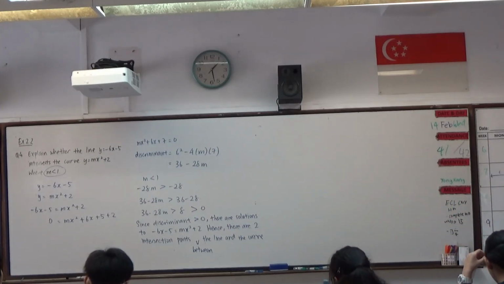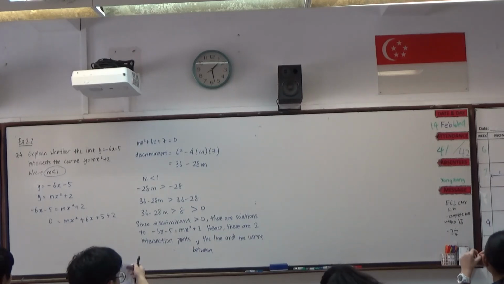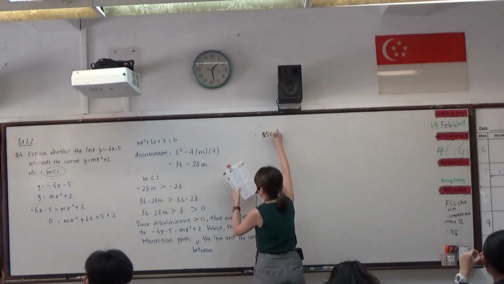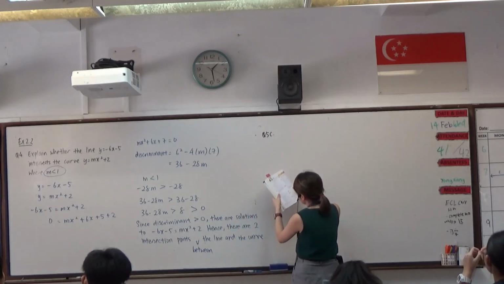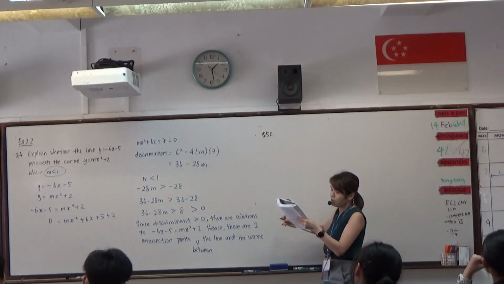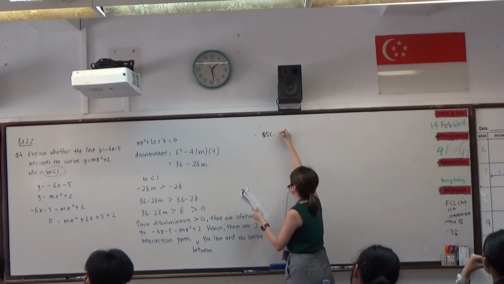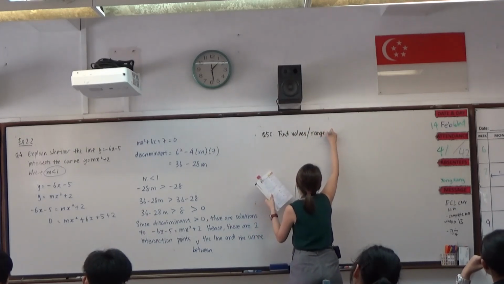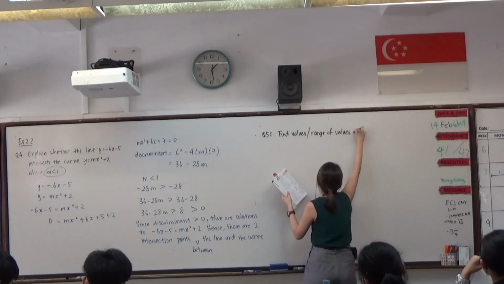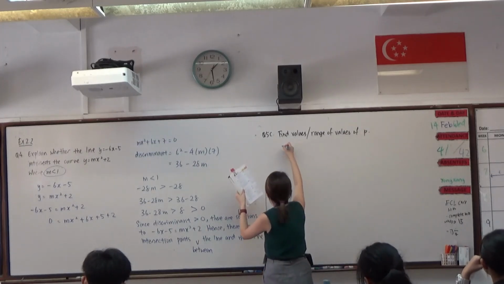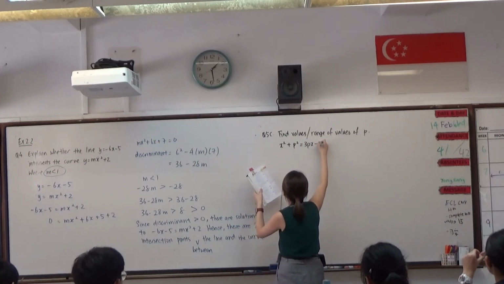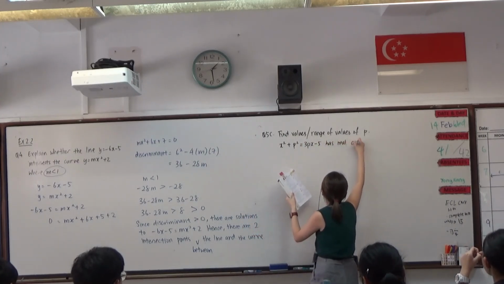Okay, next we look at question 5C. We want to find the range of values of p such that x squared plus p squared equals 3px minus 5 has real and repeated roots.